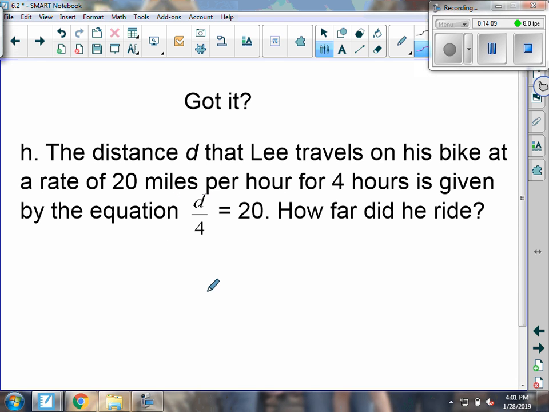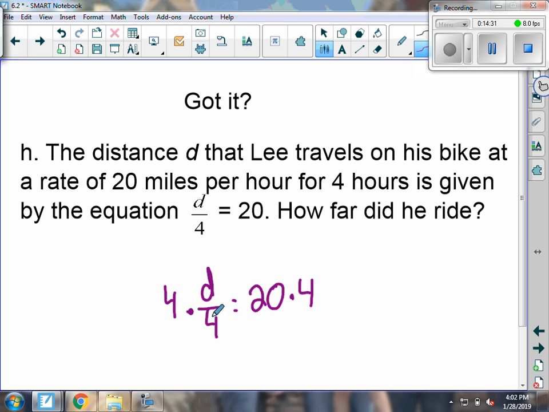Okay, so for this one, again, it gives us our expression. That's always nice, makes it easier. So how do I solve this? I'm going to multiply both sides by 4.